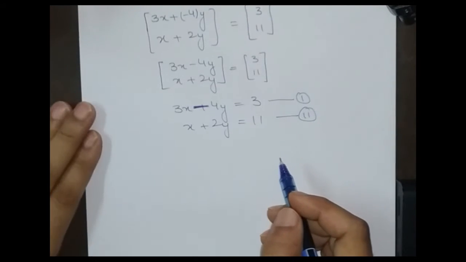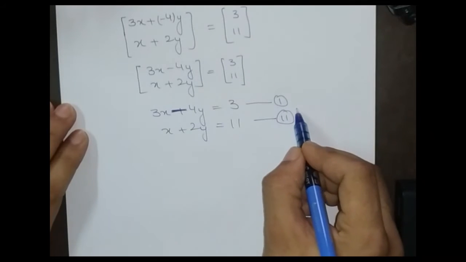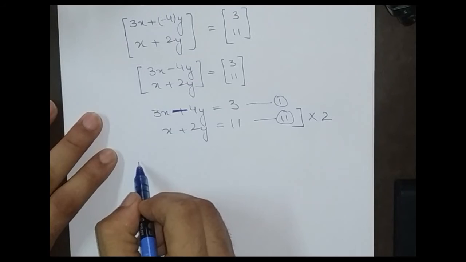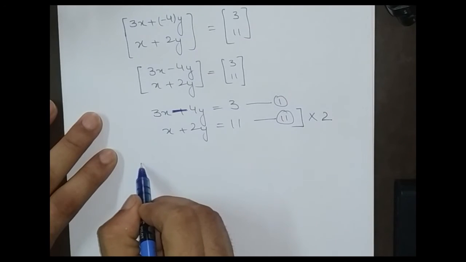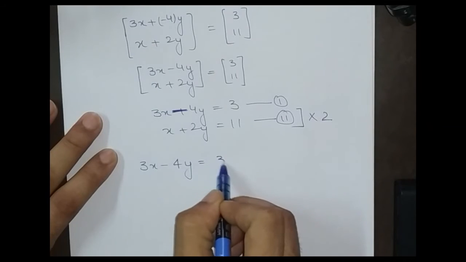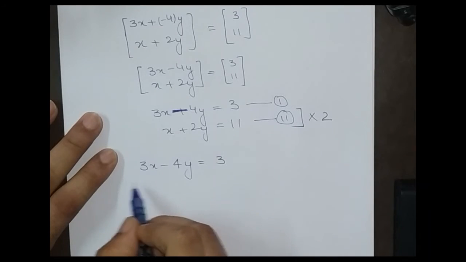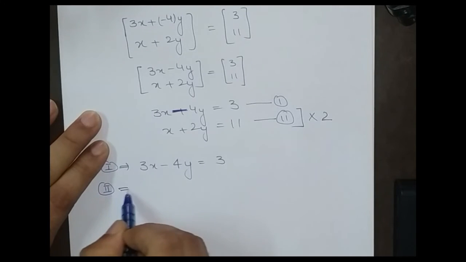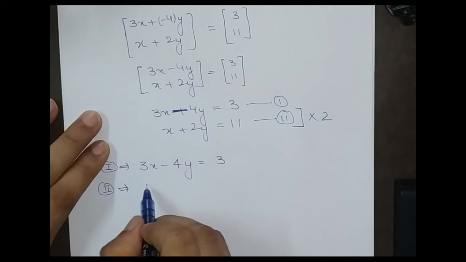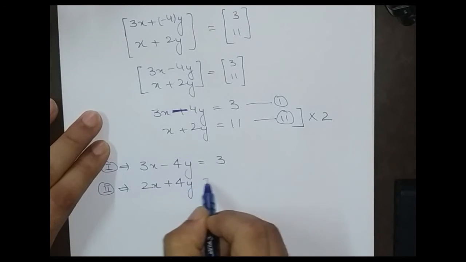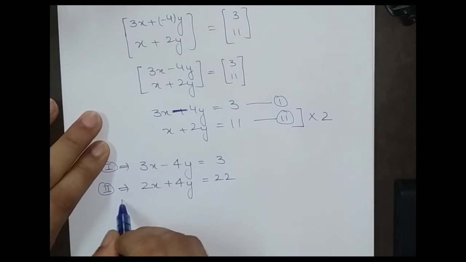We multiply the second equation by 2. We get 3x minus 4y is equal to 3, the first equation, and the second becomes, after multiplying by 2, 2x plus 4y is equal to 22.